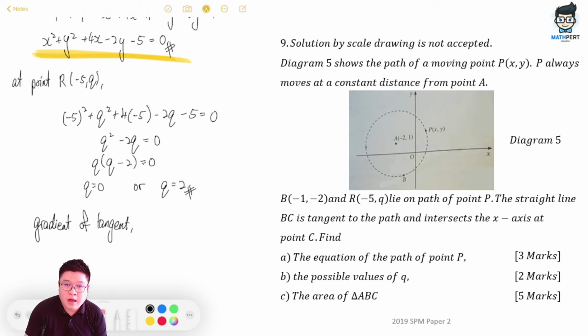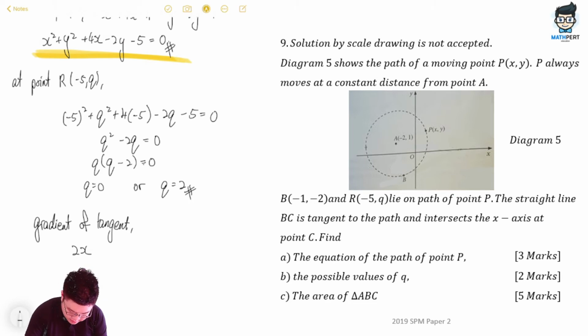Differentiate x squared, I get 2x. Differentiate y squared, I get 2y dy/dx. Differentiate 4x, I get 4. Differentiate negative 2y, I get negative 2 dy/dx. And then minus 5, I get 0. So equal to 0.